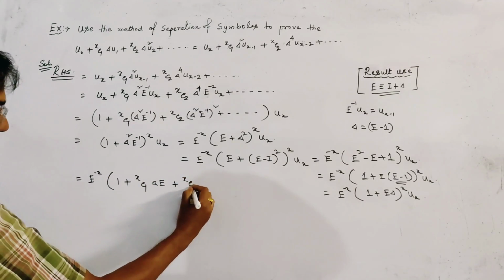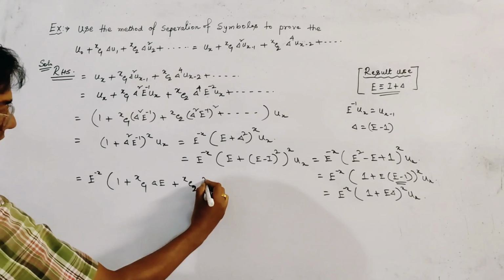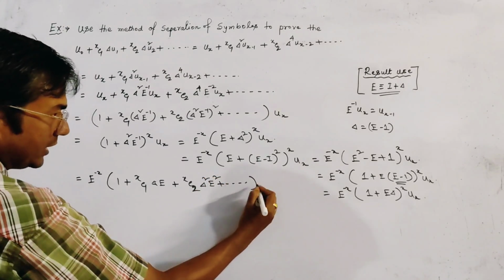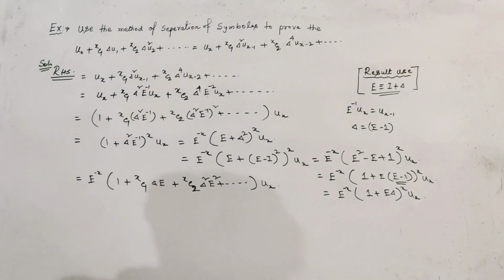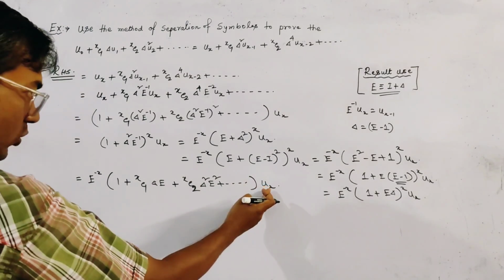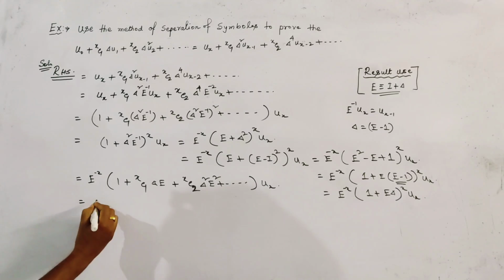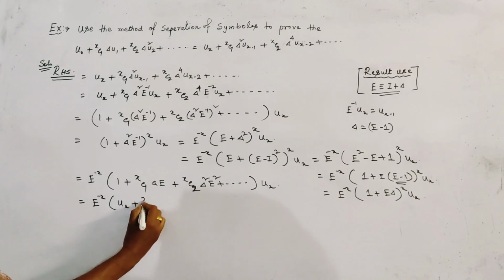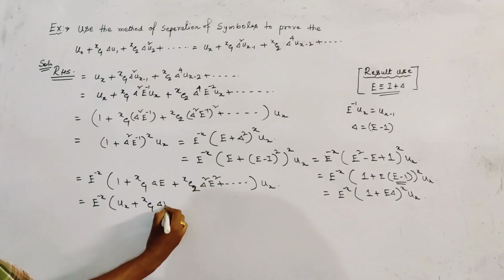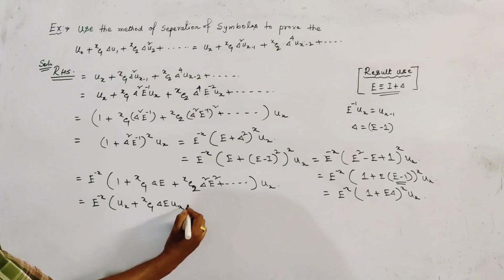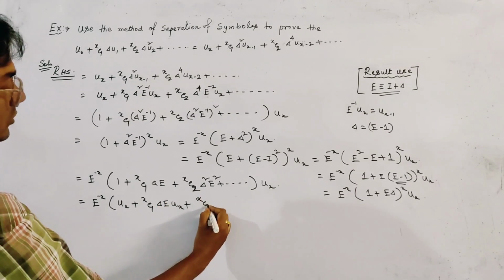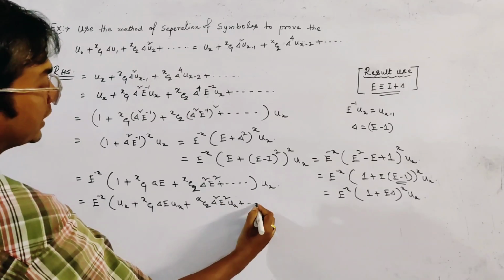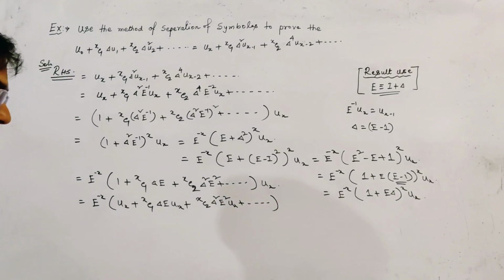Now we operate on ux, we get E^(-x) ux plus xC1 ΔE ux plus xC2 Δ²E² ux and so on, right?